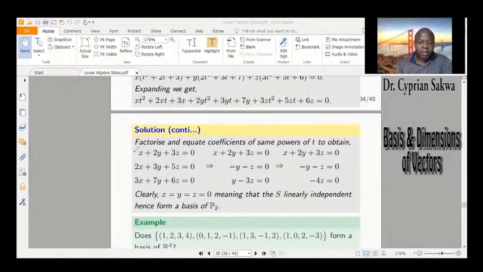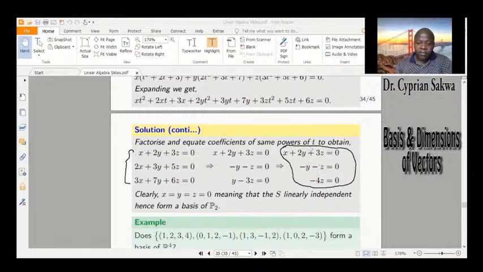So I have this system and I reduce it to echelon form, and my final result is here. Now, looking at this last row, it means that z is 0. Moving to the second equation here, when z is 0, y will also be 0.